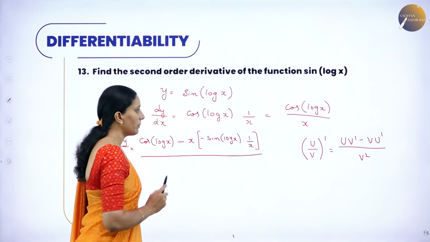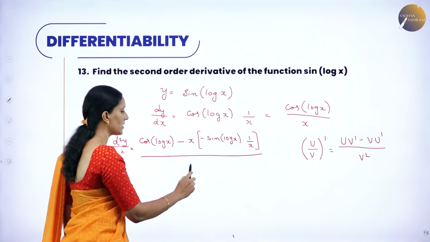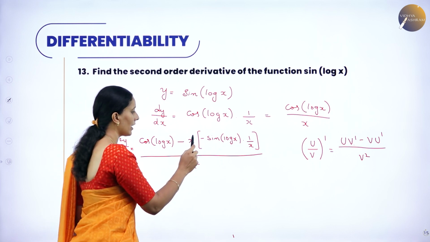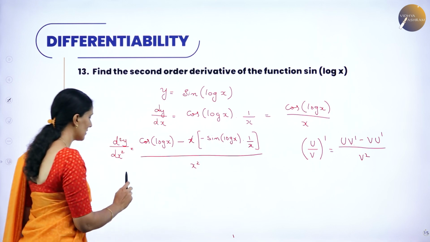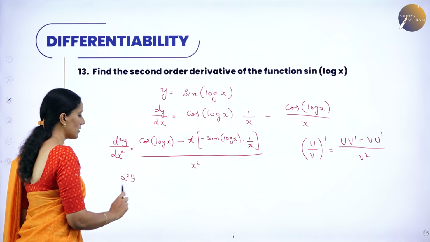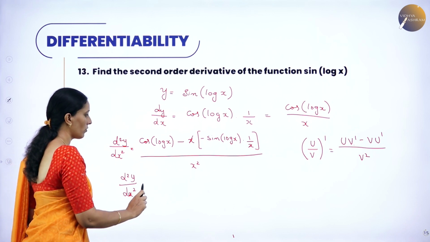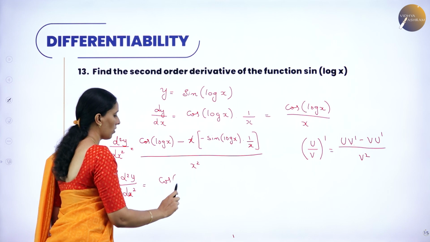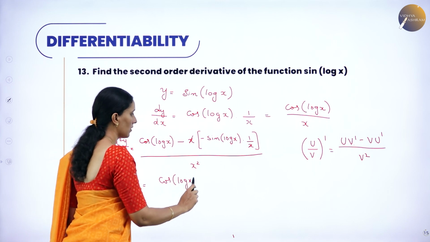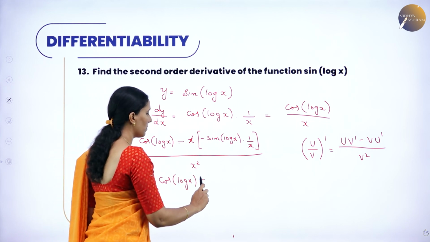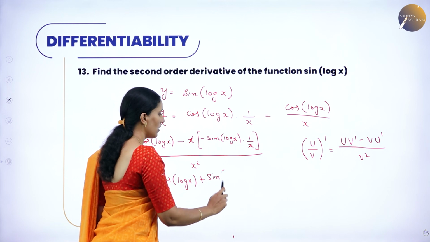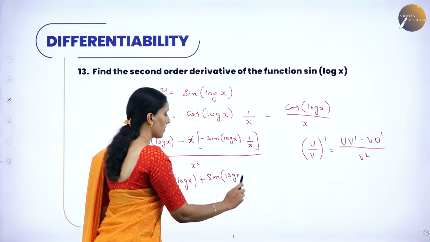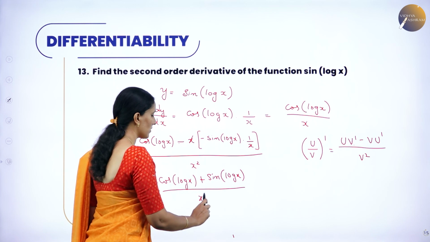So whole divided by v square, which becomes x square. So here I can cancel x, x. So therefore d square y by dx square here becomes cos of log x, minus into minus becomes plus sine of log x whole divided by x square.